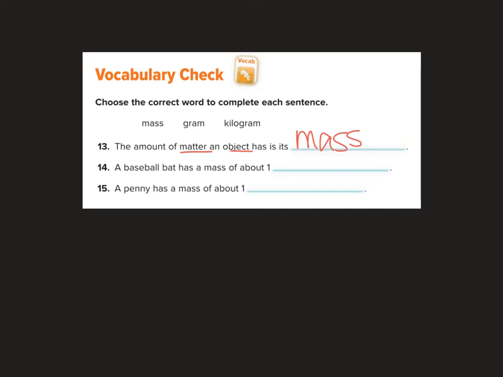A baseball bat has a mass of about 1 kilogram. And then the penny has a mass of about 1 gram. Pennies are very light. That's another good one. So if you can't find a paper clip, try to find a penny.